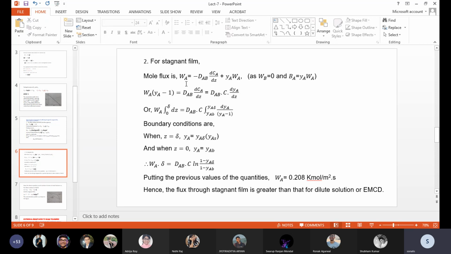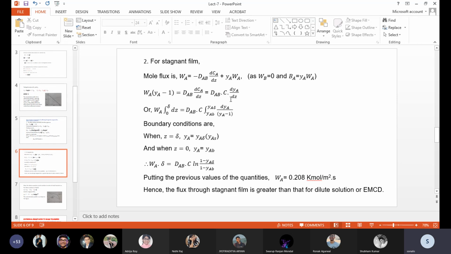So what is the molar flux of A for stagnant film? This is the diffusional flux plus bulk flux. We can write this way: W_A equals (Y_A minus 1) D_AB dC_A/dZ. Taking C as the total concentration, D_AB times C times dY_A/dZ. We are writing in terms of mole fraction.